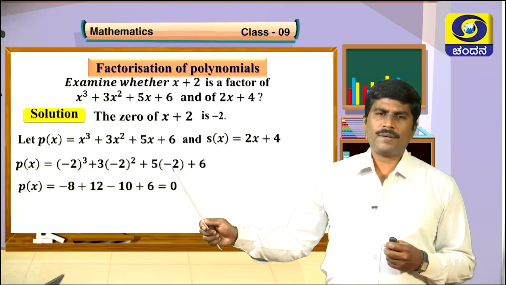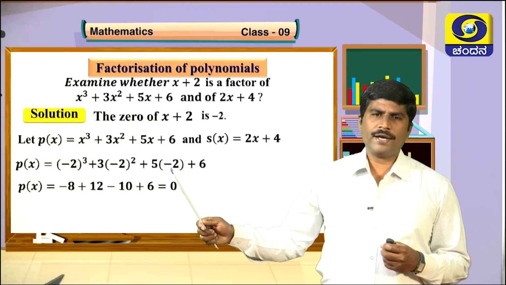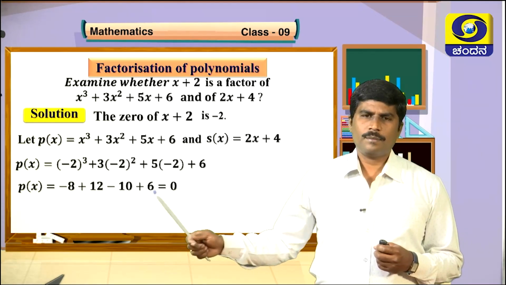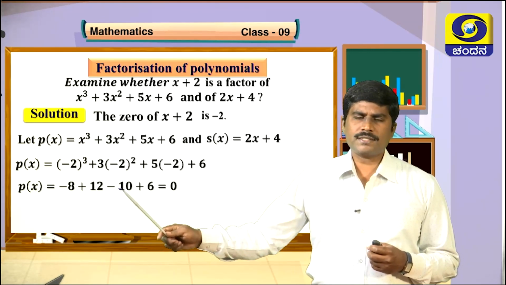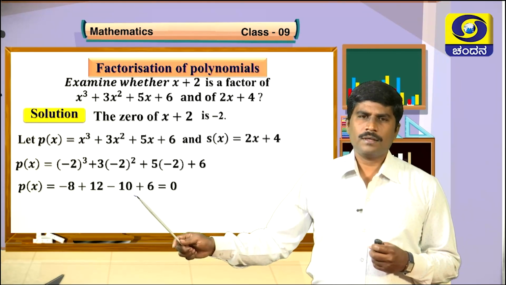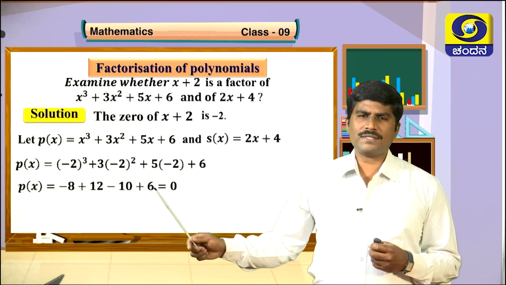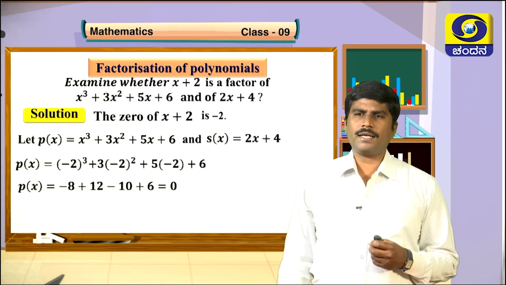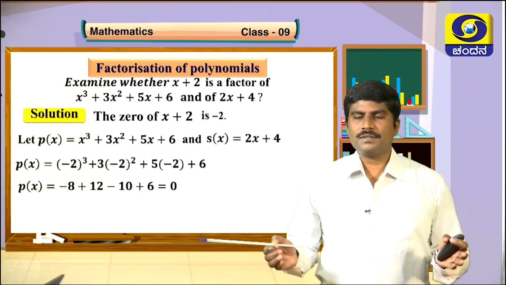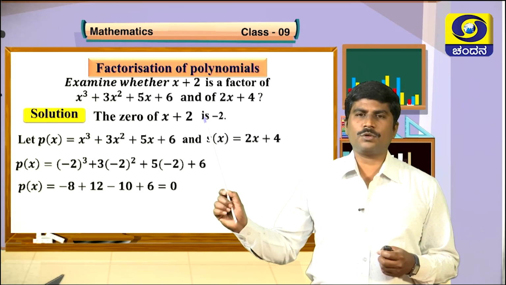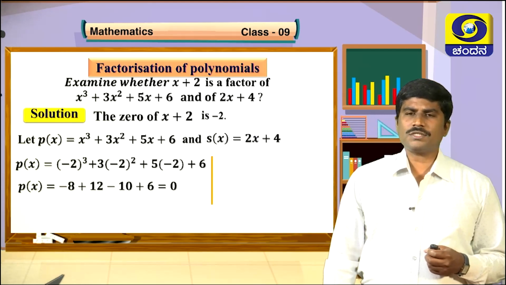Again here, plus into minus is minus, 5 twos are 10, plus 6. So just understand this: minus 8 minus 10 is minus 18, 12 plus 6 is equal to 18, minus 18 plus 18 is equal to 0. So p of x becomes 0 when x is equal to minus 2. This shows it's a factor.